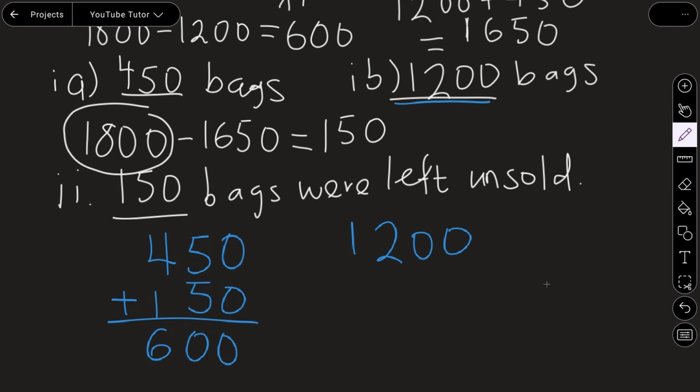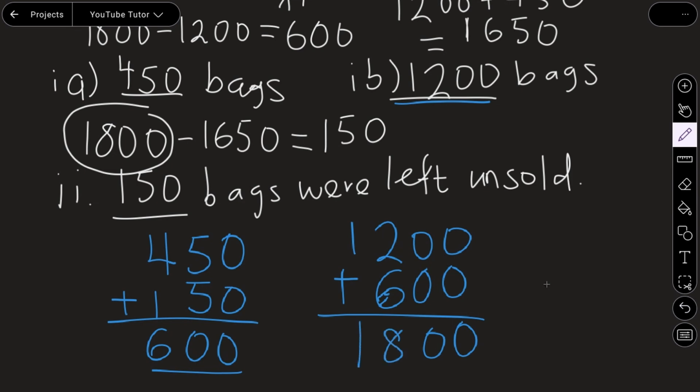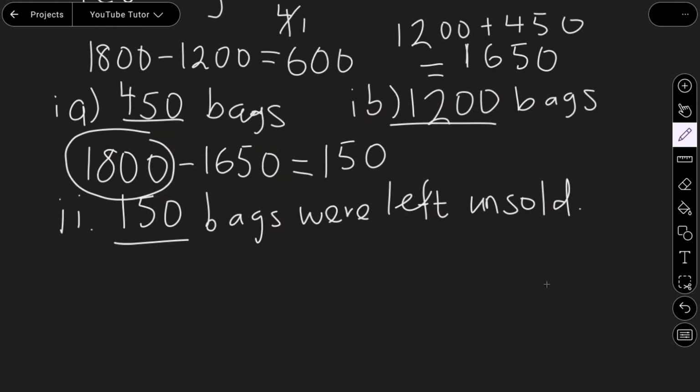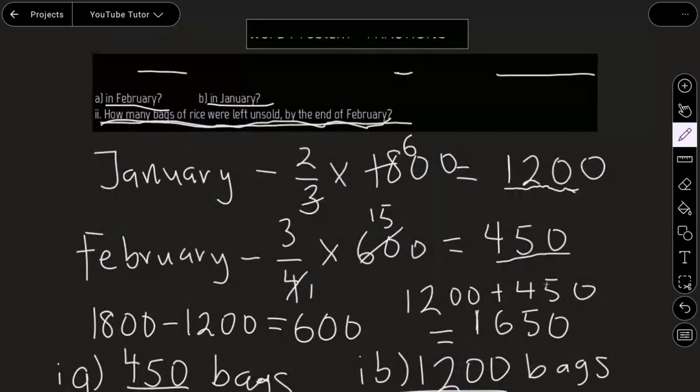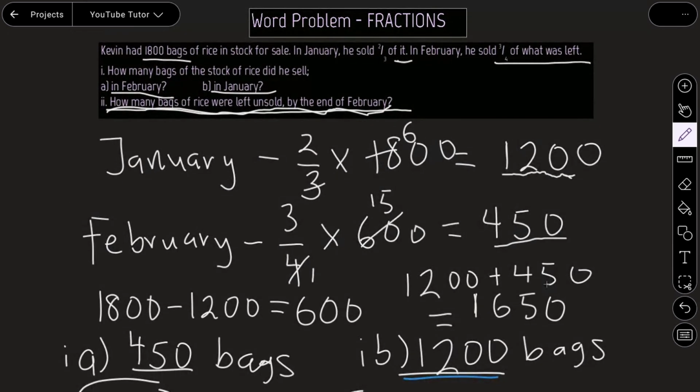Now 1200 plus this 600 is what we will do next. We can clearly see that we have 1800 as our final answer. Which confirms that the values we've gotten for this question are the correct values.